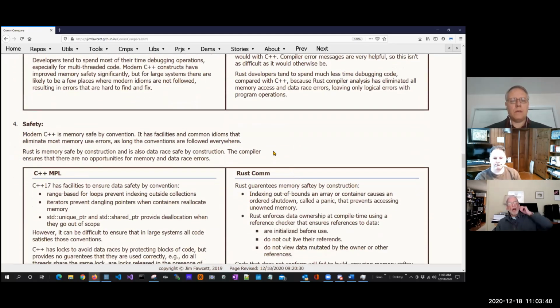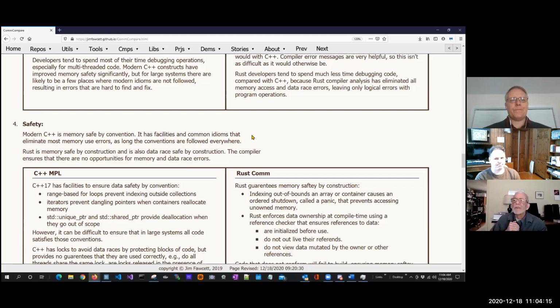So, safety. C++ is safe by convention. C++ can be as memory safe as Rust by convention, as long as you follow every single one of the conventions, and they're not complicated, not too hard to use. You can have absolutely safe memory safety. The issue is that when you're writing 100,000 lines of code, it's almost impossible to get every single one of those lines to obey all the conventions.